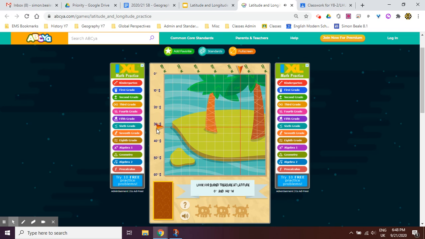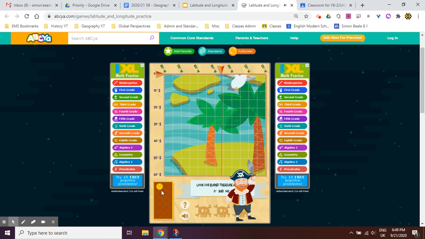So the first one he gives you is 0 degrees, so that's going to be 0 right up there. And he says 146 degrees west. So you've got to try to kind of guess where that would be. That would be about there. And then if you click on it, and if you're in the right place, it will give you a treasure.